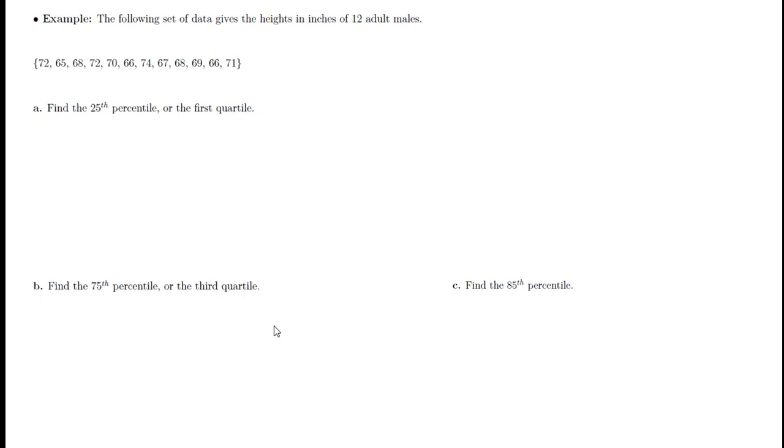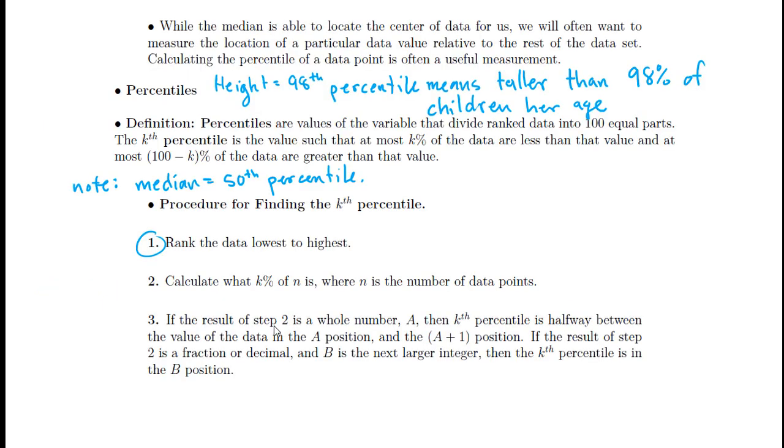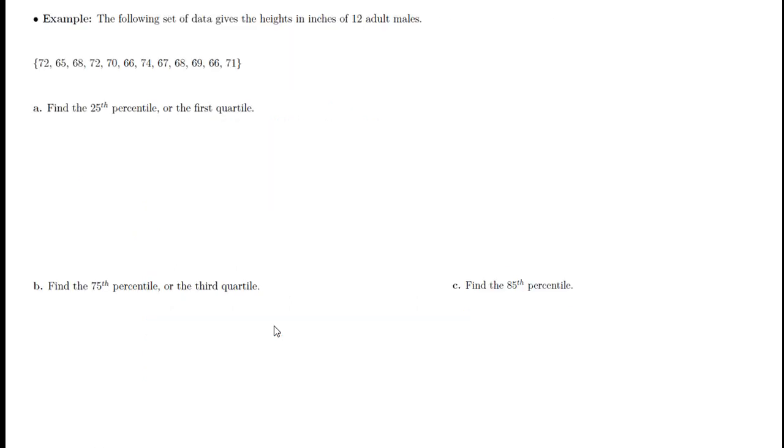All right. So we have the heights in inches of 12 adult males, and they want us to calculate some percentiles. Oh, I forgot one little thing, so let me talk about it right here.